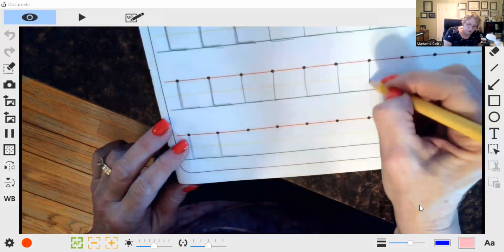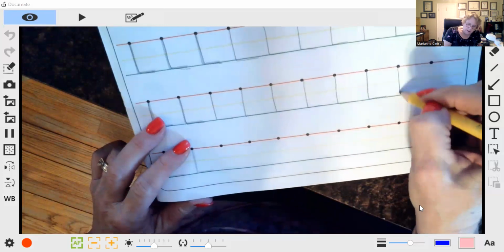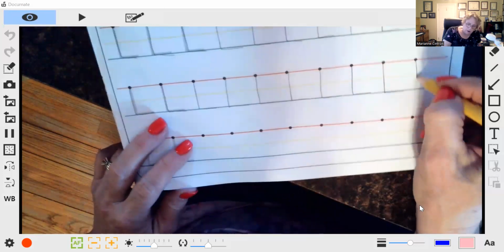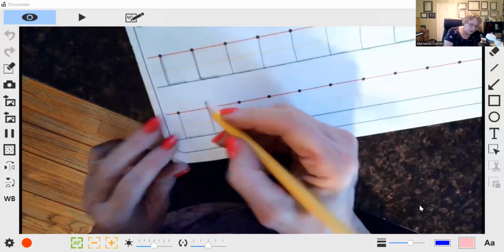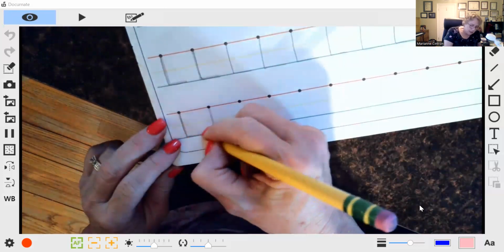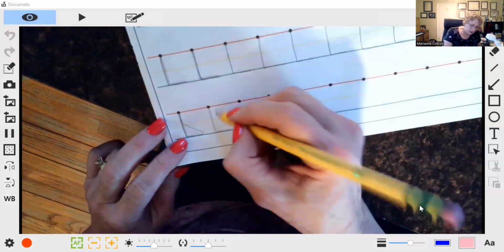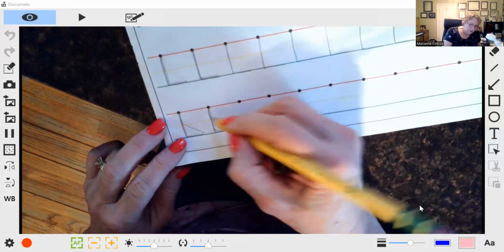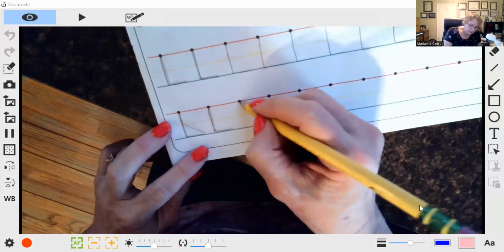So notice how far I go over. I have to stop before I get to the next L. It's almost like half the width, half the length.